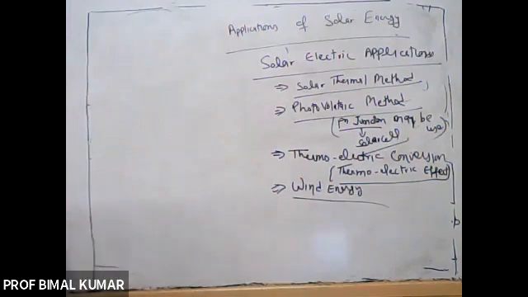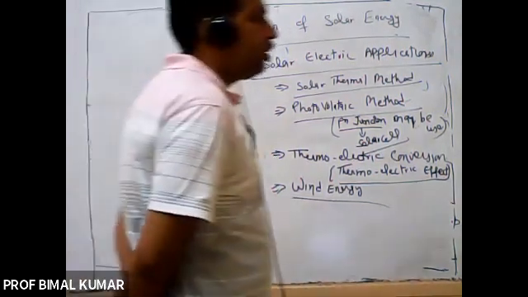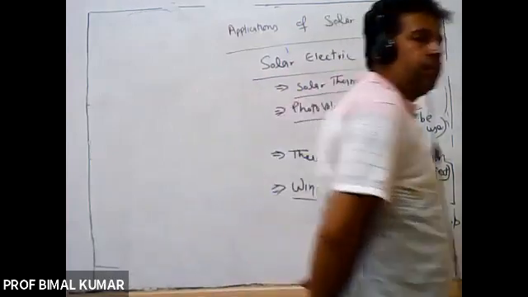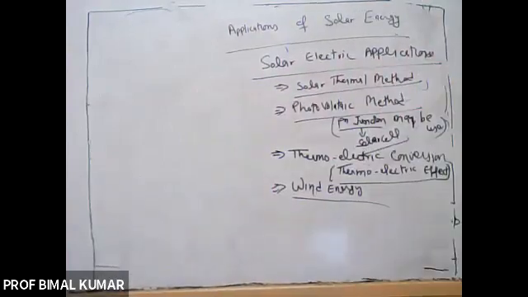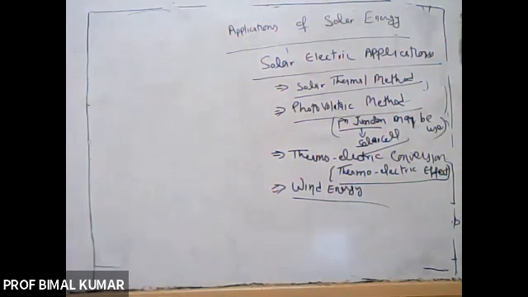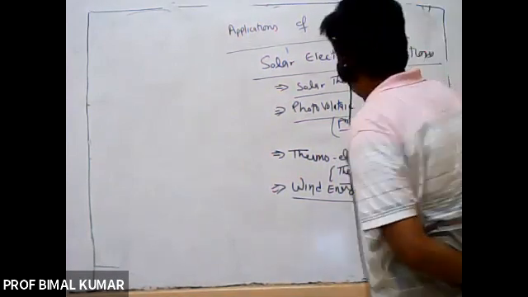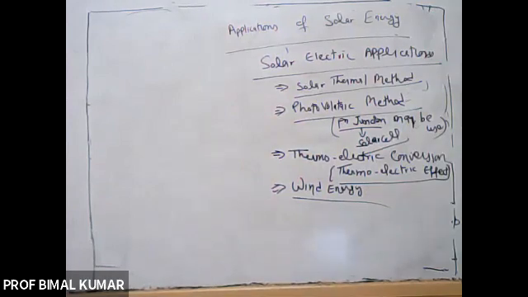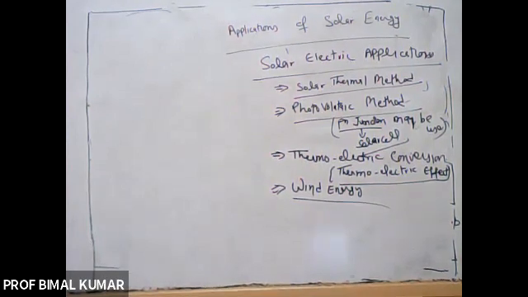The turbine is further coupled with an electrical generator, and that electrical generator is used to convert the mechanical energy into electrical energy. So this may be another form of solar electrical appliances. In case of solar electrical appliances, we may take these four categories.